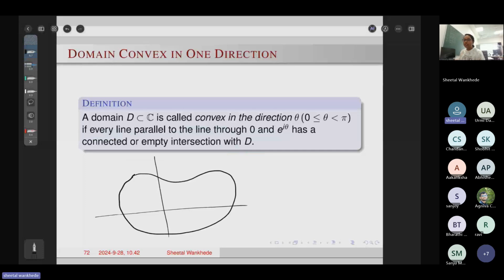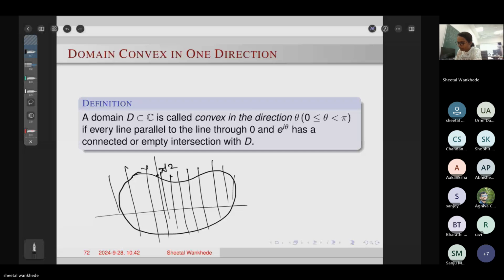Okay, now we see this domain is not convex, but this domain is convex in some direction. So first I have to see in which direction. Suppose I put theta equal to pi by 2. Here is my theta. Now I see every line parallel to the line through 0 and e to the power i theta. These are the lines, parallel to this line.